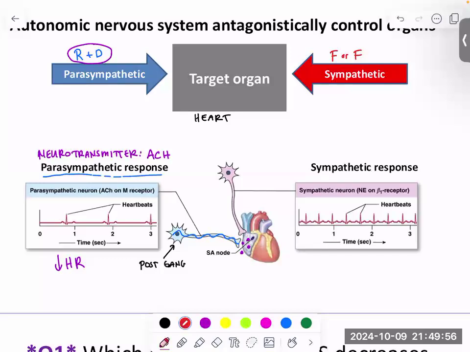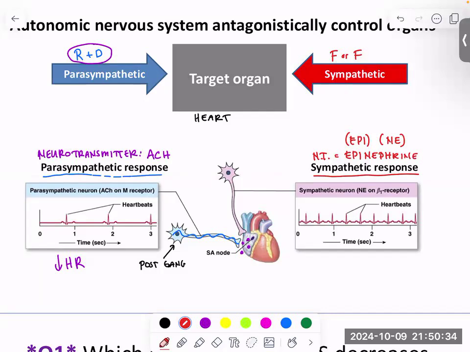The sympathetic system is going to release a different neurotransmitter. Does anybody know what neurotransmitter is released by the sympathetic division? It used to be called adrenaline. It is now epinephrine, as in an EpiPen. You can abbreviate this one as epinephrine or norepinephrine. They are both neurotransmitters. One is a neurohormone of the sympathetic division.